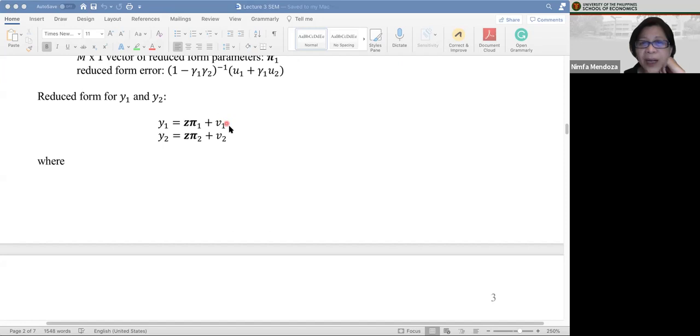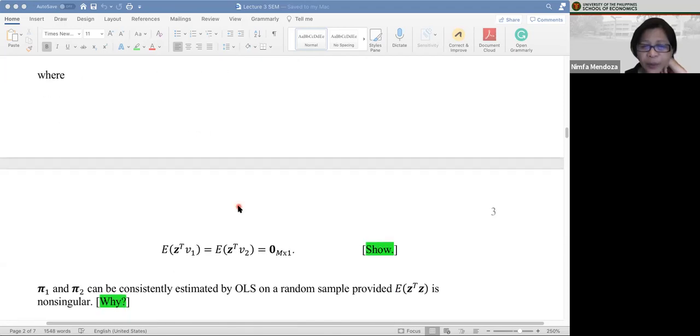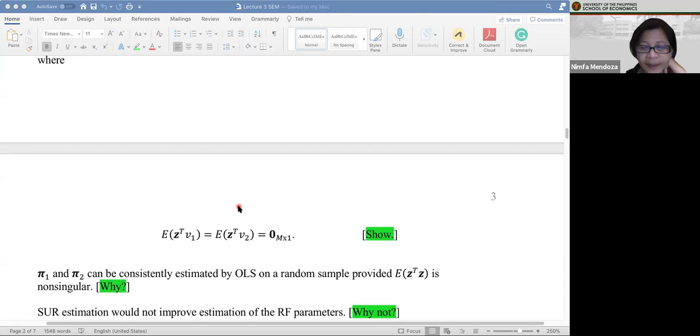And you can do that because Z is uncorrelated with the disturbance term. So you can estimate the first equation by OLS, the second equation also by OLS. You get OLS estimators for pi sub 1 and pi sub 2.